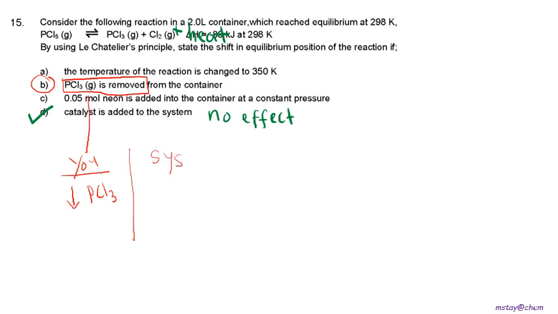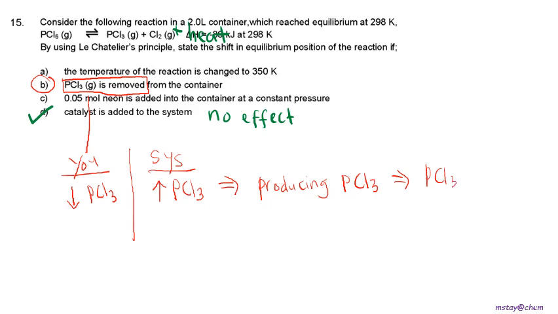So then the system will oppose it to increase the partial pressure of PCl3 by producing PCl3. So if we need to produce PCl3, it means that PCl3 is a product. So based on this equation over here, if PCl3 is the product, the system needs to shift to the right.